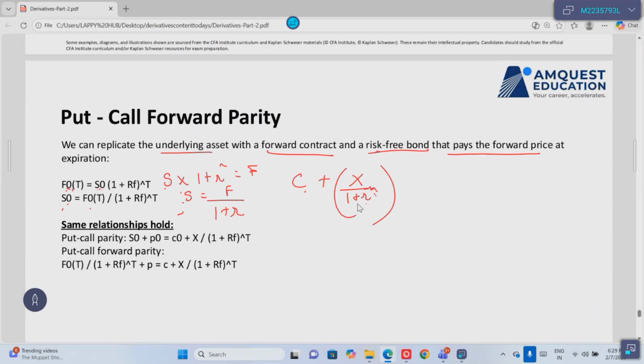Same relationship you can replace in put call parity forward contract. What will you replace?